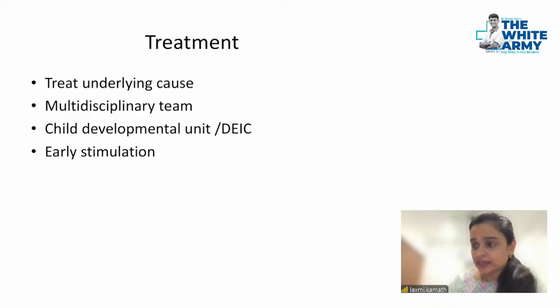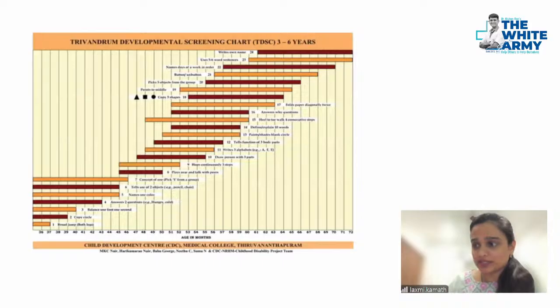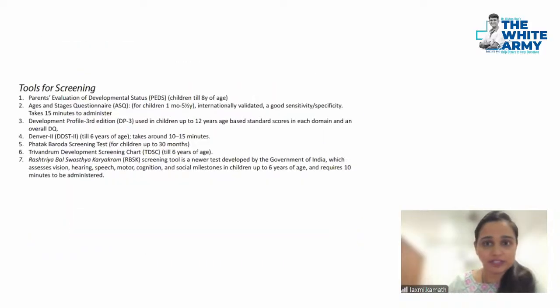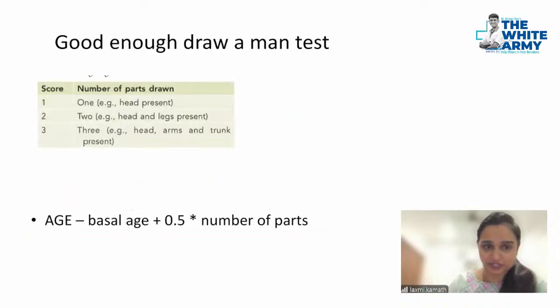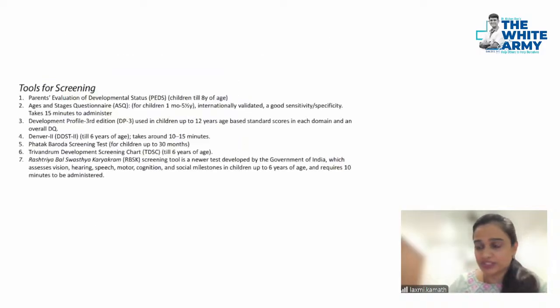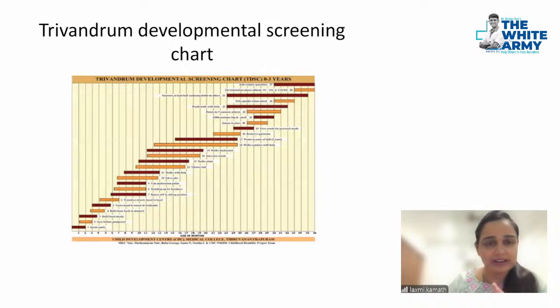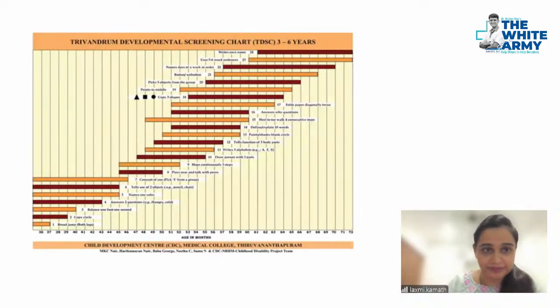Then we learned about screening tests and diagnostic tests. The most commonly used screening tool is the Trivandrum Developmental Screening Chart, which is very handy and can be used by anyone. We also learned how to use it, correct?